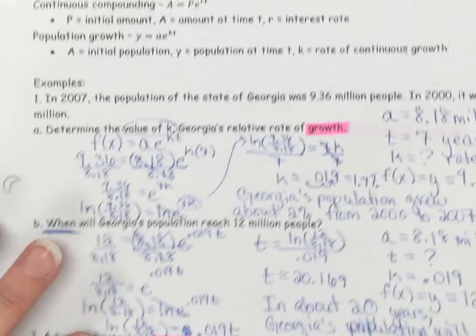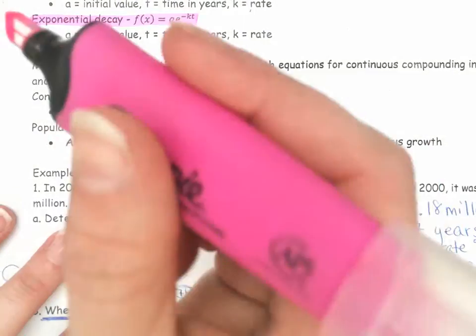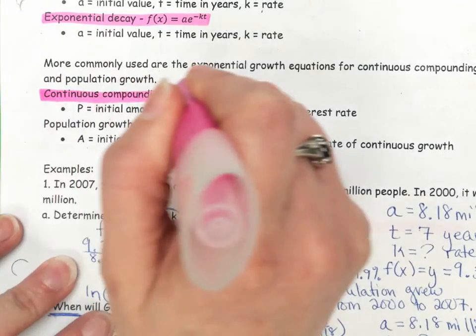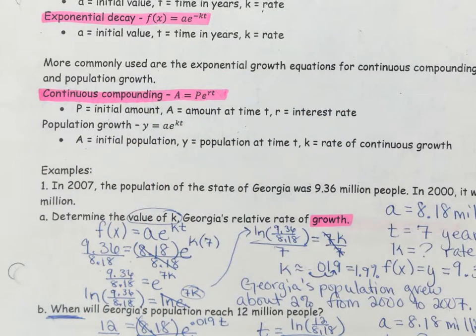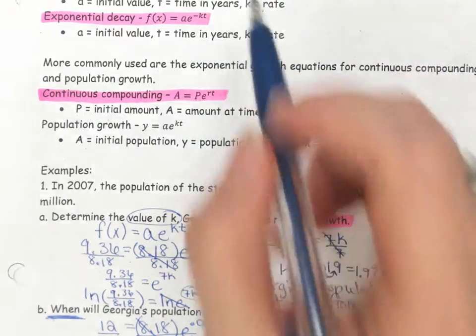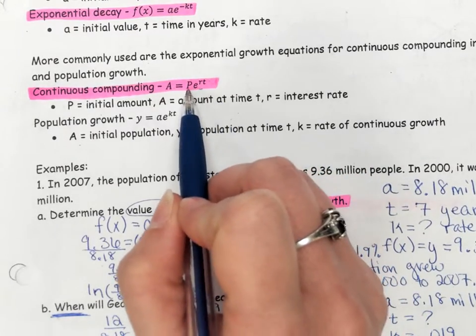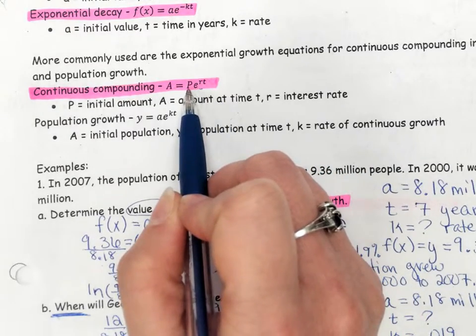So look back on the front. Do you see these 2 formulas right here? The only one that we're going to talk about is the continuously compounded one, which is A equals P e to the rt. Basically the same exact thing, right? What is the initial amount this time? Still in the same place, but what letter are we calling it?